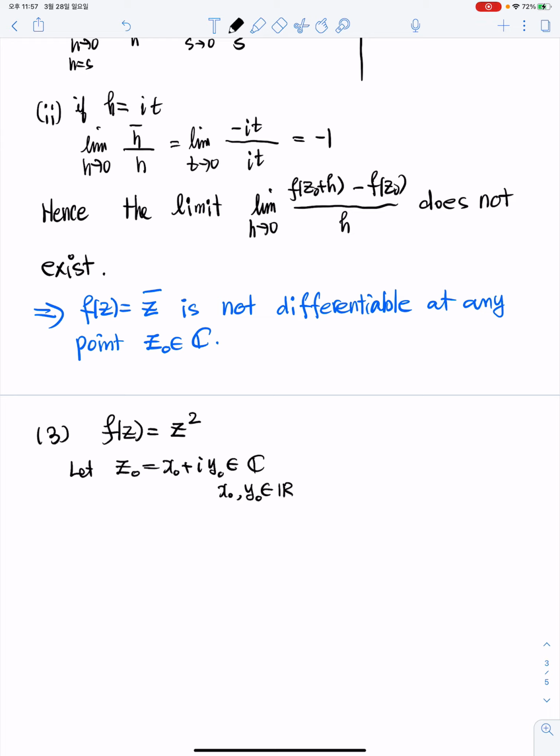Then we consider the limit. The limit we need to compute is the limit of f(z) minus f(z0) over z minus z0. We need to compute this.